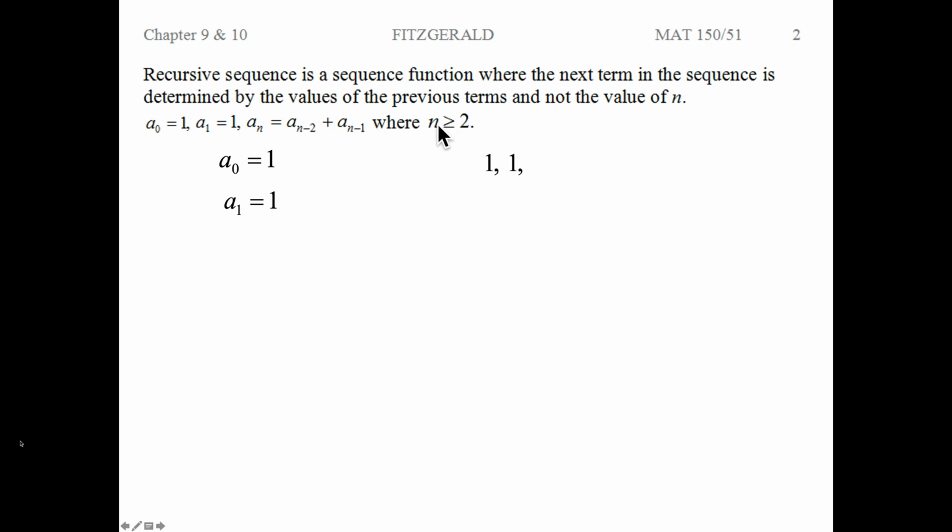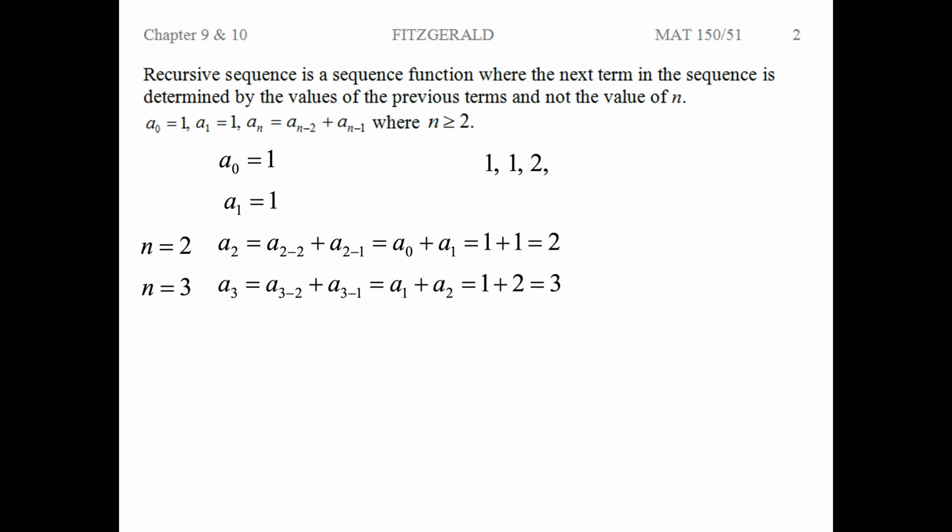So when n starts at 2, that means a sub 2 is equal to a sub 2 minus 2 plus a sub 2 minus 1. Well, 2 minus 2 is 0. This is a sub 0 plus a sub 1. I'm taking these two terms, adding them together to find the a sub 2 term. That's a 2.